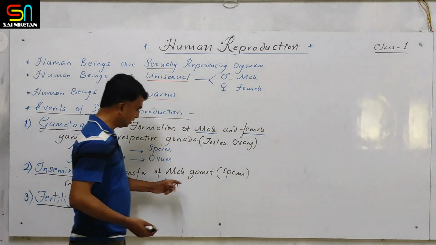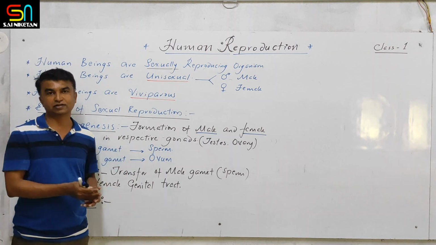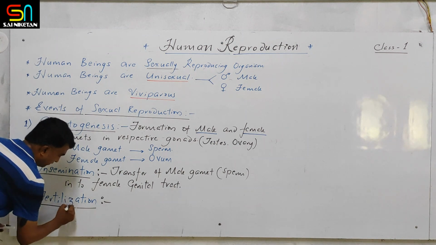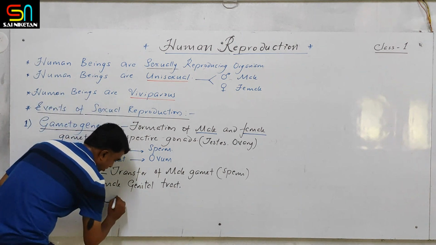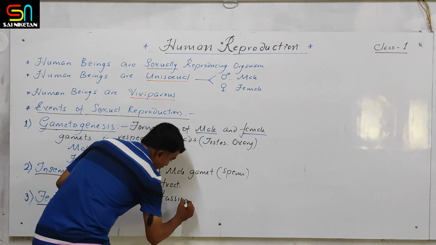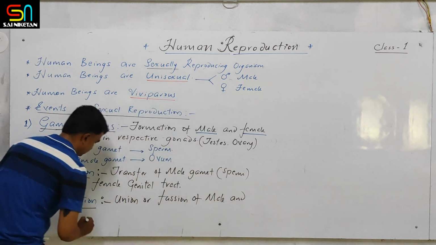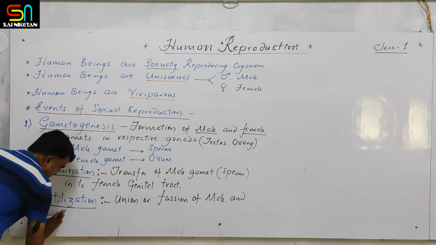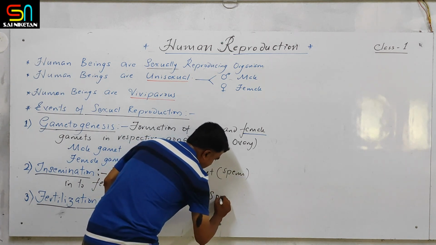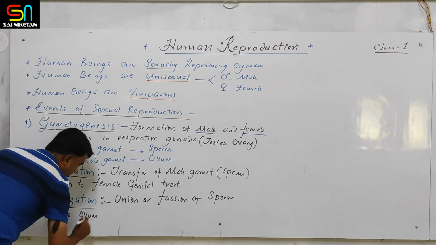In human beings, fertilization takes place inside the female reproductive organ, that is, the female body. Fertilization can be roughly defined as the union or fusion of sperm and ovum.